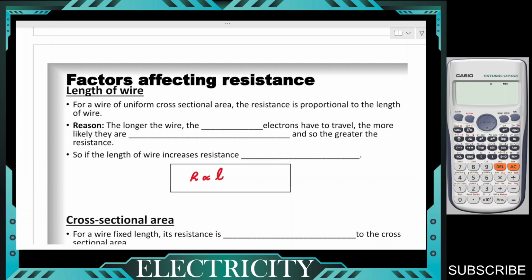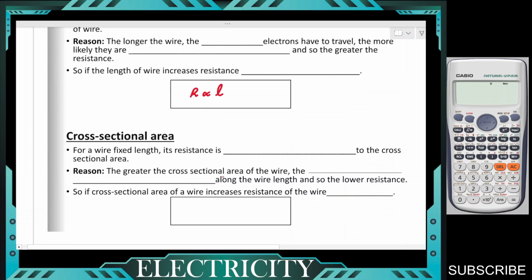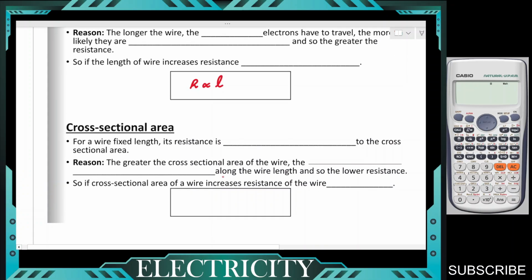But the ratio by which you change the length, the resistance would also increase by the same ratio. That's why we have to say resistance is directly proportional to length. Otherwise, just saying increasing the length increases the resistance would be a very general statement, and it does not give the real picture.